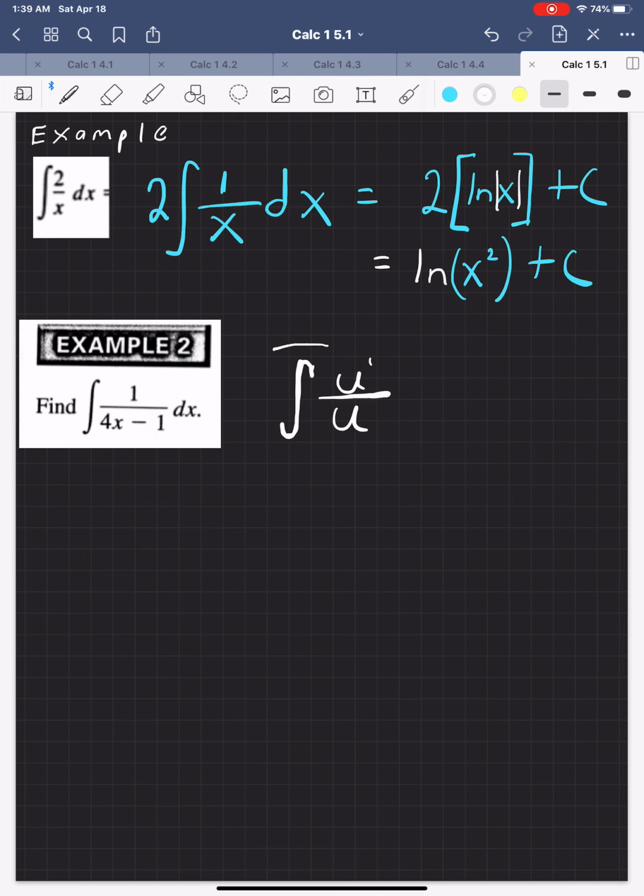What would I have to do in order to think of that integrand as u prime over u? That's the game we're playing. So let's try some things here. What if we let u equal, let's say, 4x minus 1?